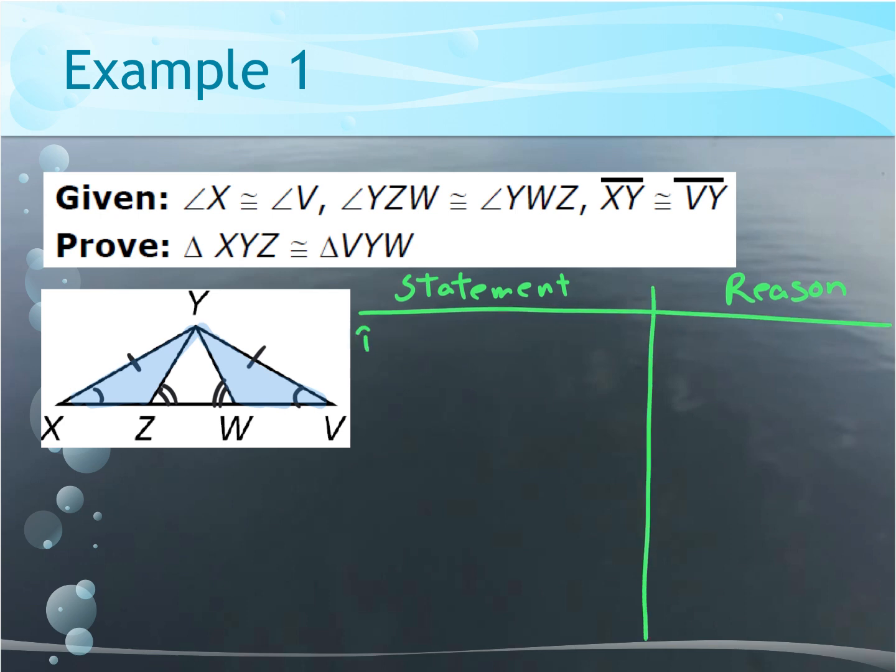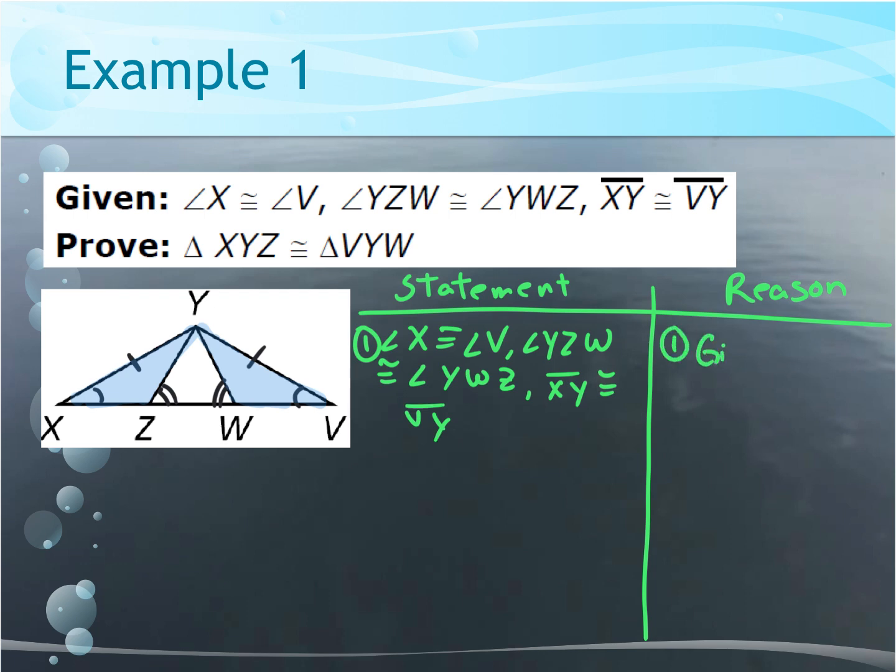So for 1, it's always a given, so I'm just going to write angle X is congruent to angle V. Angle YZW is congruent to angle YWZ. Segment XY is congruent to segment VY. Now that is a given.